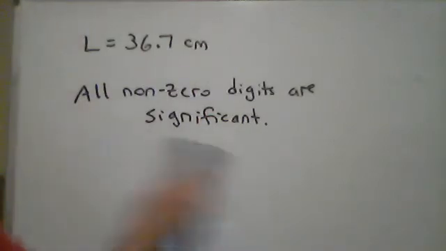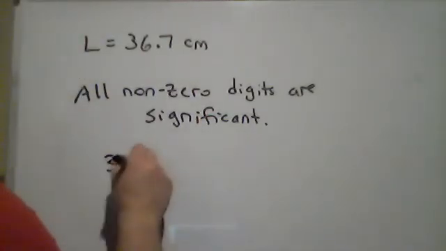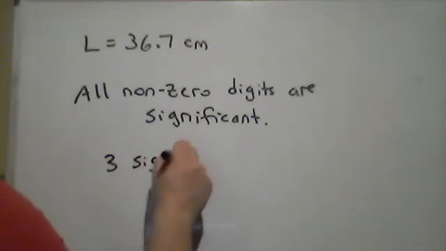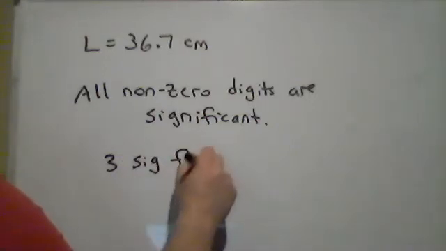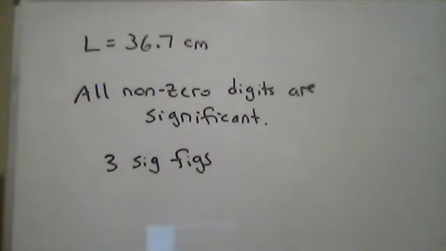So again, the rules for significant figures are pretty simple in this manner if you don't have zeros. Now, if you have zeros, there are a few other rules you have to look at. Again, non-zero digits, you just count them. 1, 2, 3. So in this case, 3 sig figs.